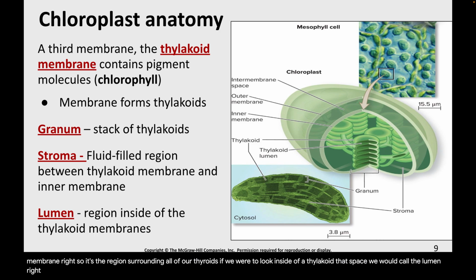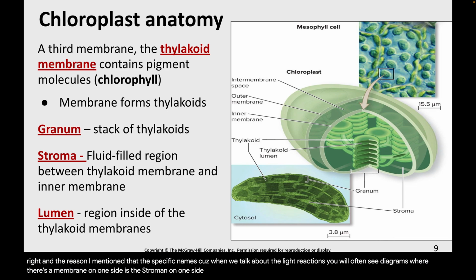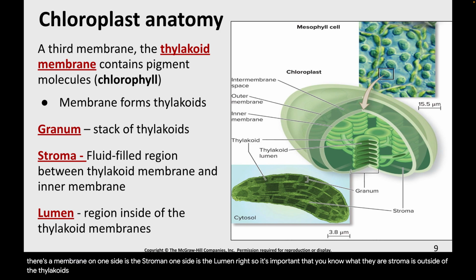The reason I mention these specific names is that when we talk about the light reactions, you will often see diagrams where there's a membrane, and on one side is the stroma, on the other side is the lumen. So it's important that you know what they are. Stroma is outside of the thylakoids. Lumen is inside of the thylakoids.